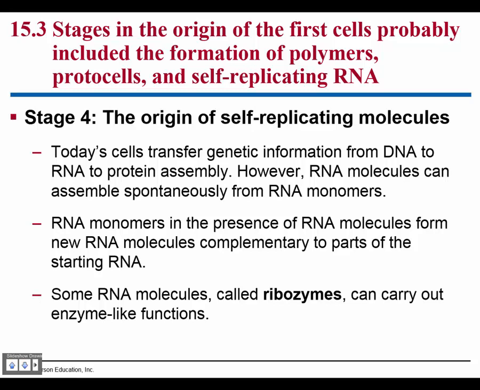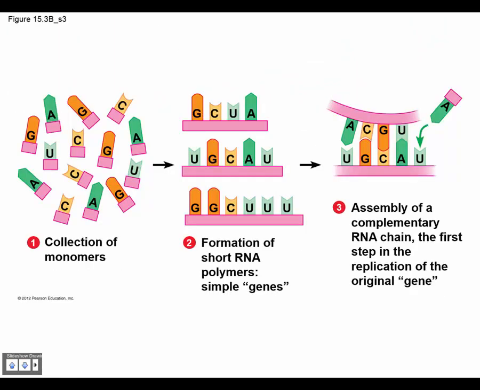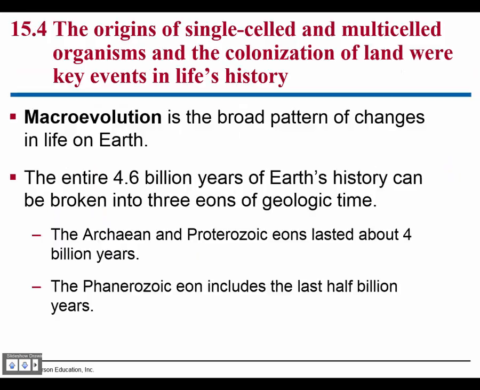And if you don't remember, the ribosomes are made up of RNA molecules, and so they can carry out enzyme-like functions, right? So here's your collection of monomers, formation of short RNA polymers or simple genes, and then the assembly of the complementary chain. So that can show how life is highly probable, organic life is very probable to arise from non-organic life.